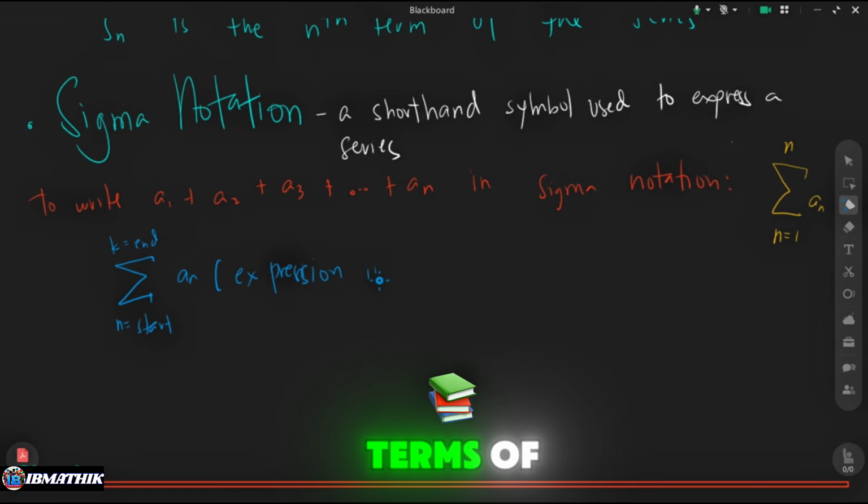Alright, now let's move on. What about the partial sum? It is the sum of the first n terms of a sequence. Let's proceed with an example.